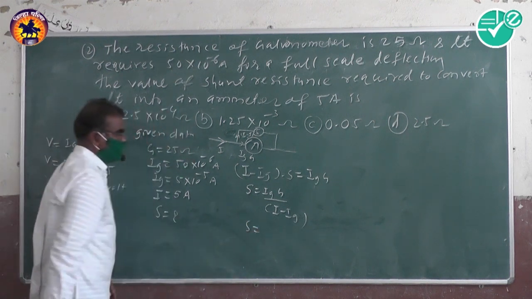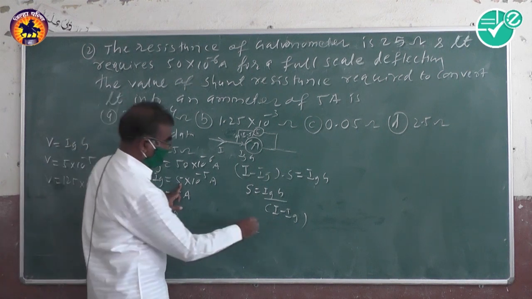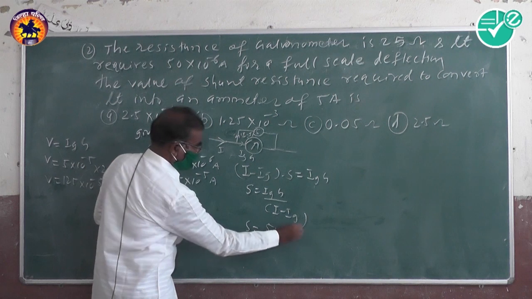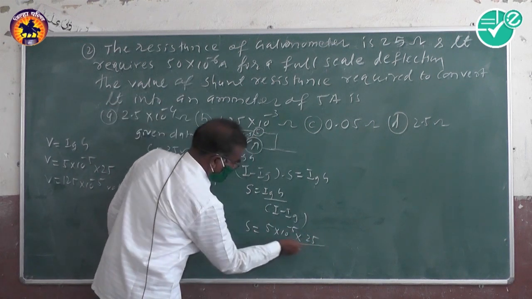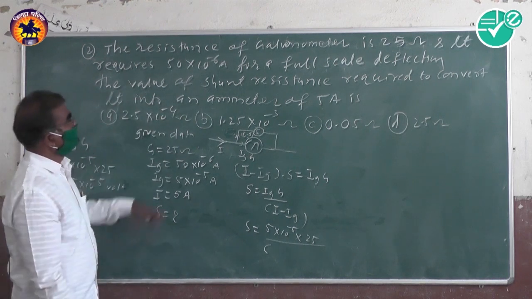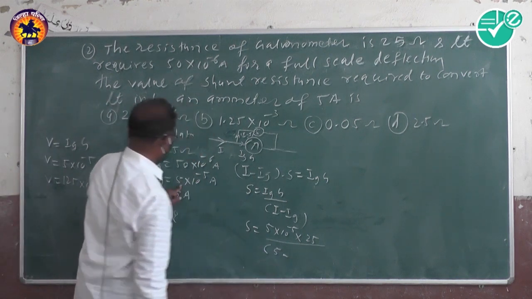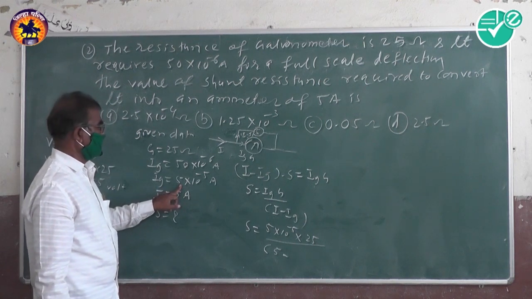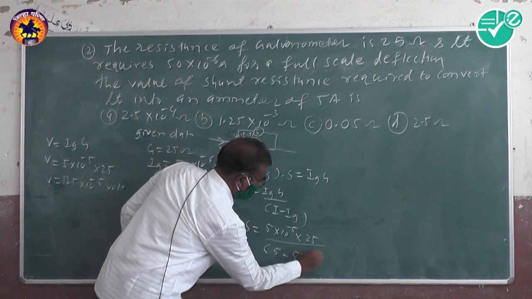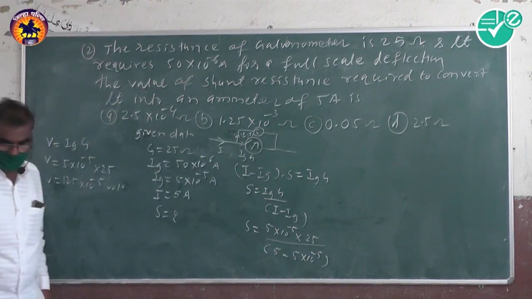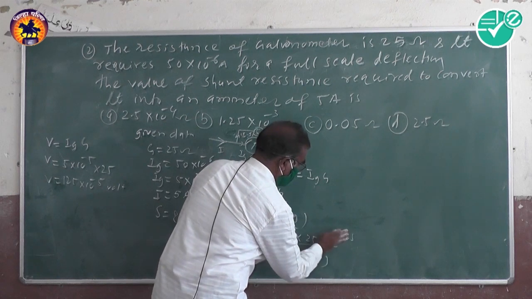That is S equal to Ig, which is 5 into 10 raised to minus 5, times G, which is 25 ohm, divided by I minus Ig, that is 5 minus 5 into 10 raised to minus 5 ampere. 25 into 5 are 125.